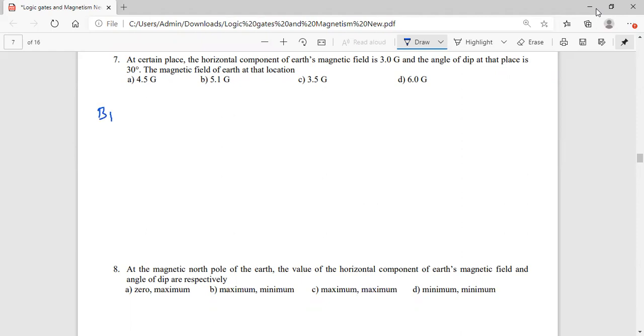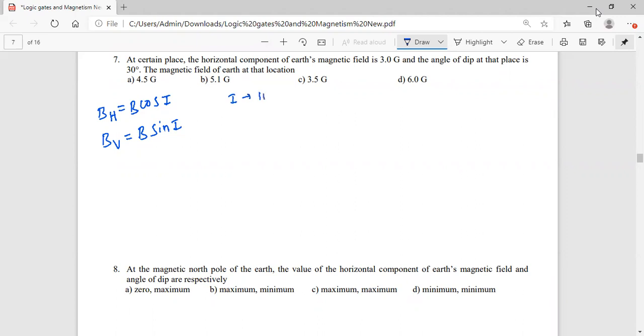BH, the horizontal component of the Earth's magnetic field, is B cos I. And the vertical component of the Earth's magnetic field, BV, is equal to B sin I, where I is called inclination.